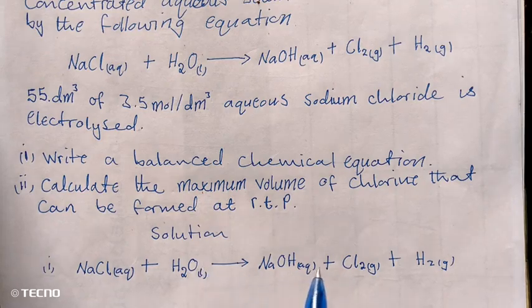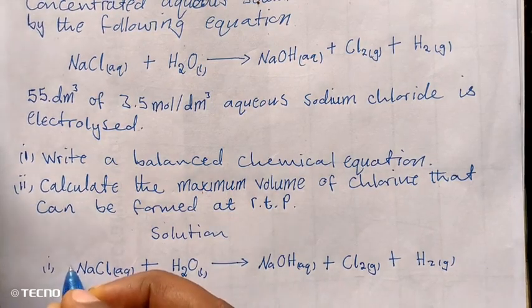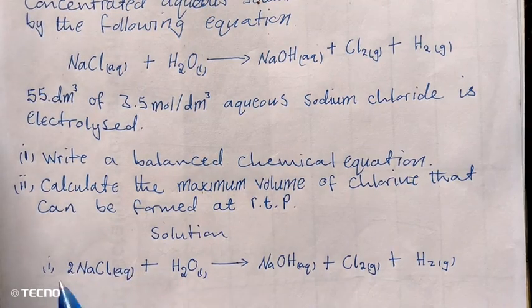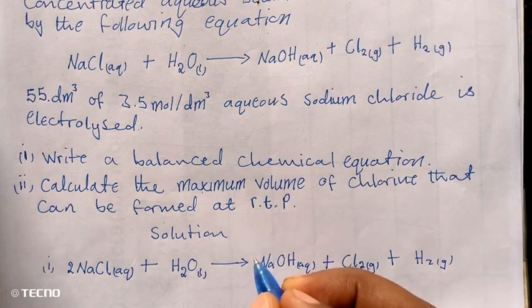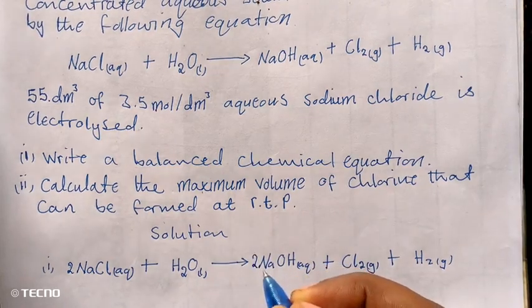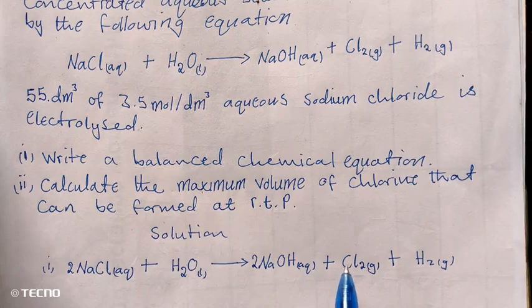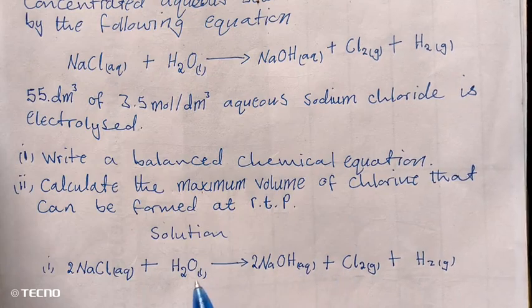So there is chlorine, we also have chlorine 1, so here you add 2 in order for us to balance this. So we're going to add 2 this side. So once you add 2 this side, then what else? So even this sodium is going to be affected, so you also add 2 where there is sodium. So here sodium we've got 2 sodium, chlorine 2, chlorine 2, you've balanced. Now oxygen here we've got 2, there we've got 1.